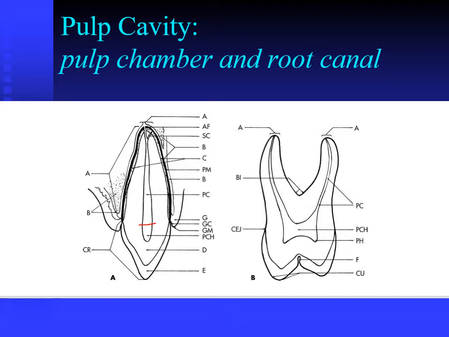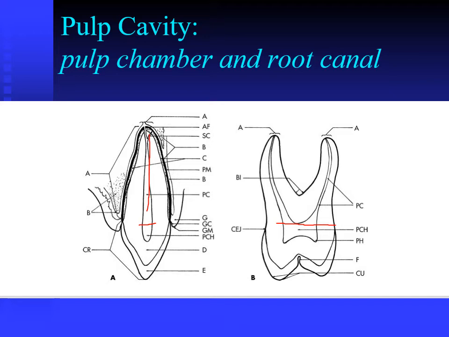And here we would have the pulp chamber of this molar tooth, and the root canal system, which is the rest of the root pulp that is within the tooth root. As you can see, the basic form of the pulp chamber is a basic outline of the external contours of the tooth. So it's pretty easy to visualize what the shape of the pulp is going to look like.